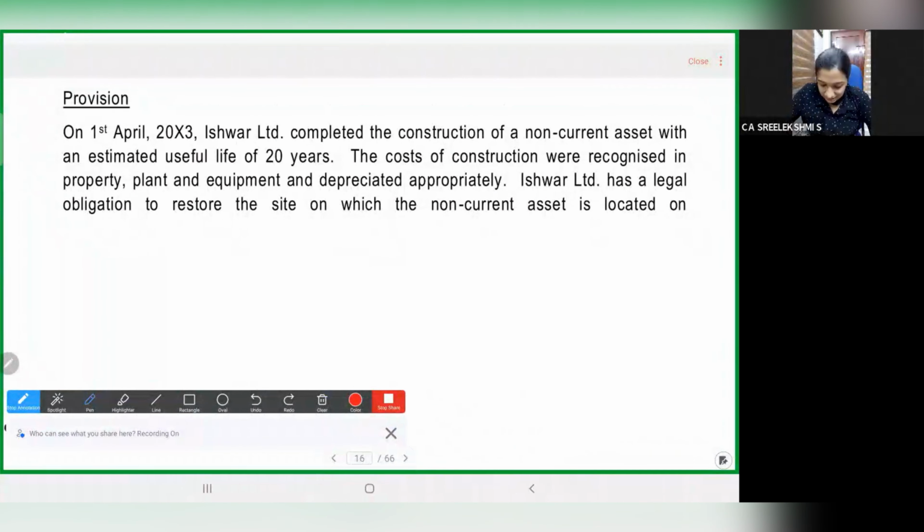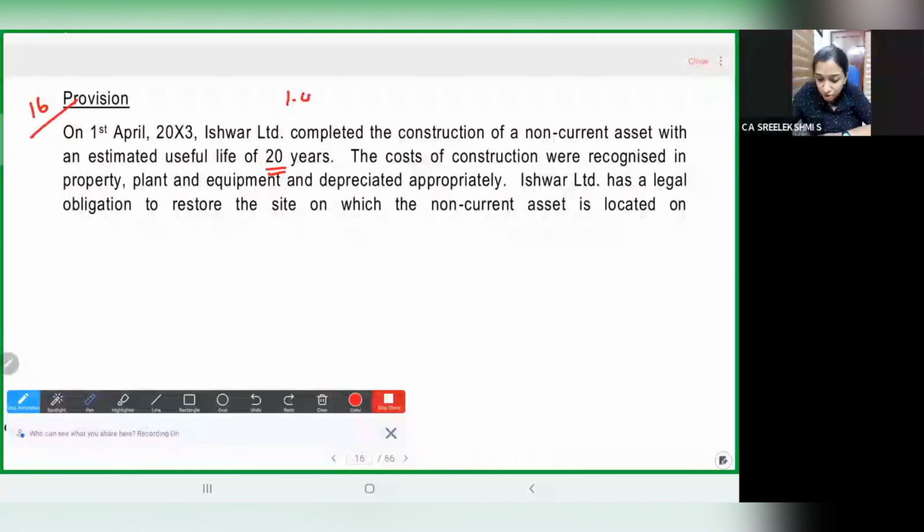Provision. This is completely related to India 60. On 1st April 2013, Ishwar Limited completed the construction of a non-current asset with an estimated useful life of 20 years. Which means again clarity on the dates.